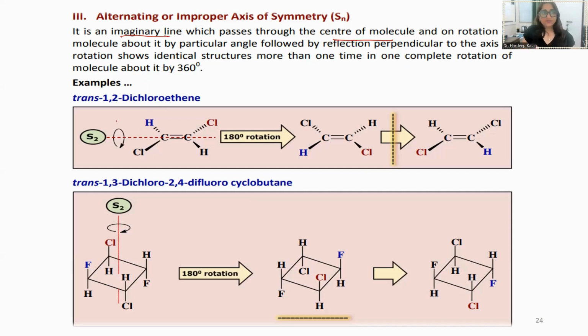So here it is improper. It's not like this, it is like this. Then you will see the perpendicular, and then you will get this. This is not used that much in your syllabus, but it's fine.